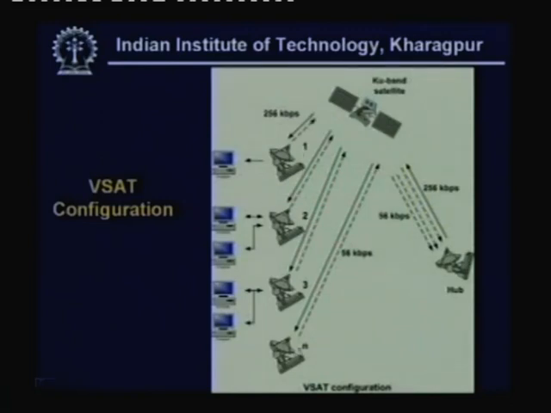That means here you have got a number of other stations, slave stations you can say, which will be receiving this signal. Here you can see 25 stations, each sending at the rate of 56 kilobits per second. These 56 kilobits streams are time shared and reach the hub. On the other hand, a 256 kilobits per second data rate is coming from the hub to the satellite, then it is broadcast to all the VSAT receivers here.